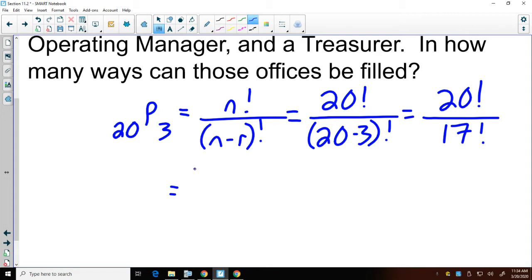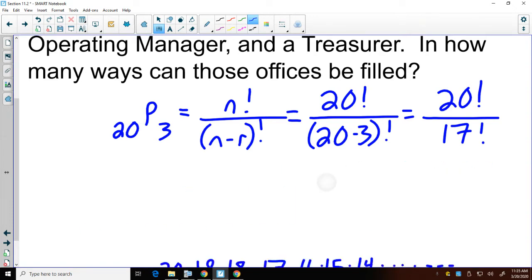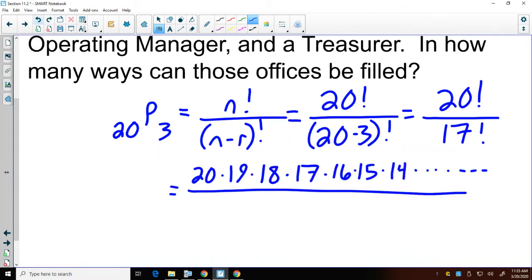So the top looks like 20 times 19 times 18 times 17 times 16 times 15 times 14 times and so on, all the way down. The bottom, because it is 17 factorial, looks like this: 17 times 16 times 15 times 14 times 13, and so on.